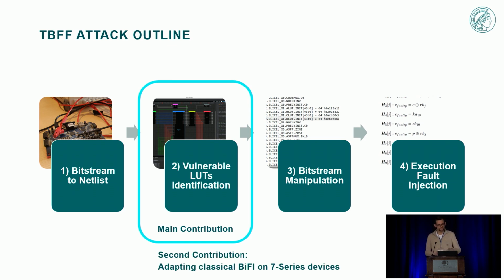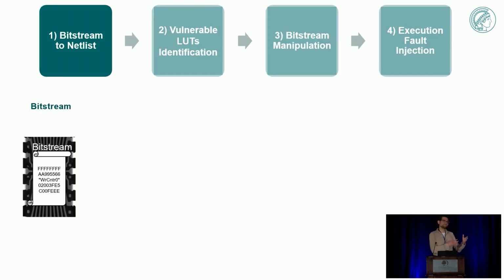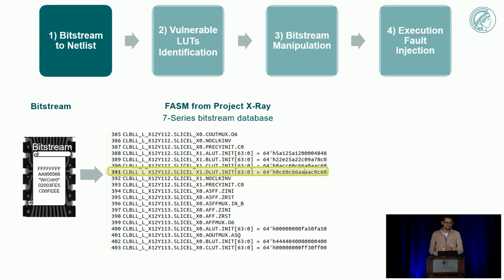As a small side contribution, we also applied this to the Xilinx 7 series devices, as the original attack was done on the 6 and 5 series devices. First we have our bitstream, which can be copied from the non-volatile memory, and then we use the bitstream database from the open source project, Project X-Ray, which has generated a database of this bitstream format. They introduced the FASM format, the FPGA assembly format.